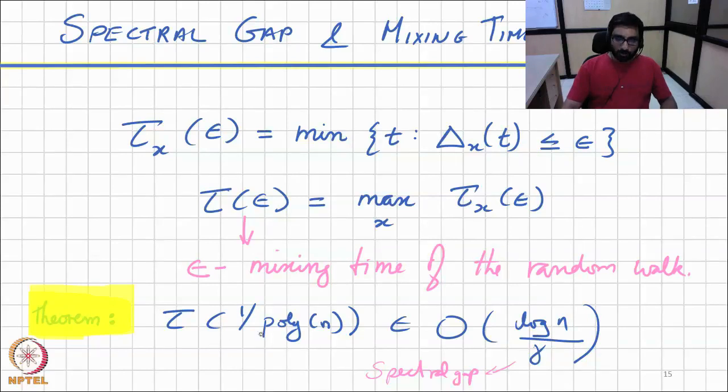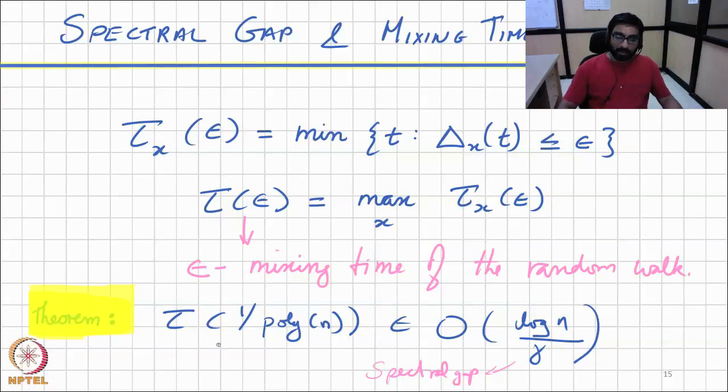Just to make sure we understand, remember, tau of epsilon is the time required to ensure that the distribution of the random walk is within an epsilon of the stationary distribution in terms of the L2 norm.